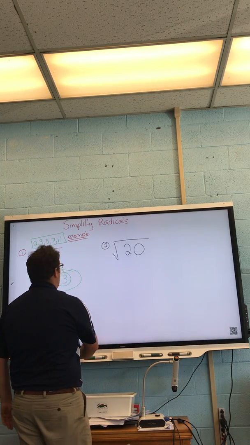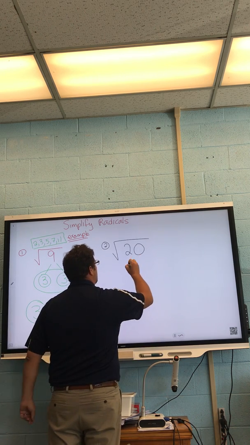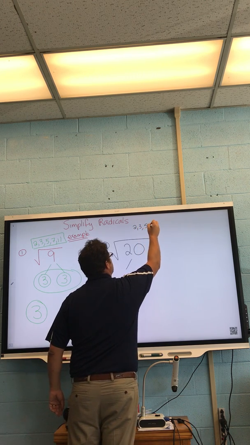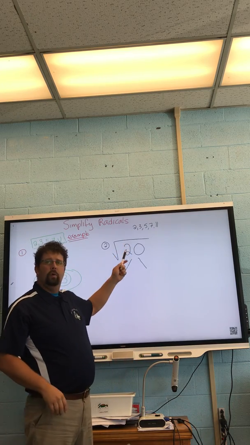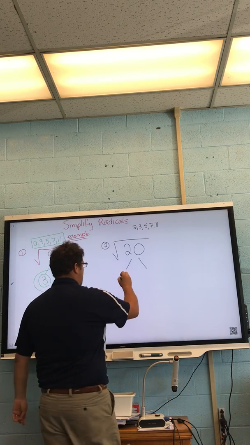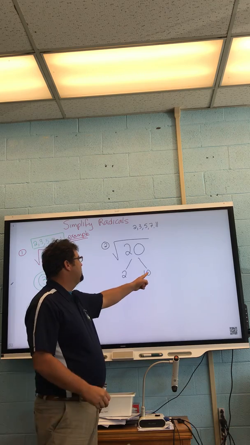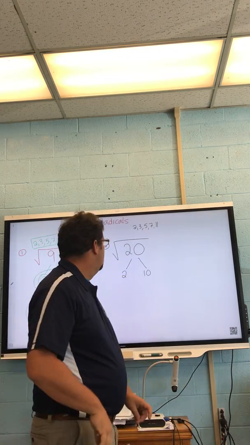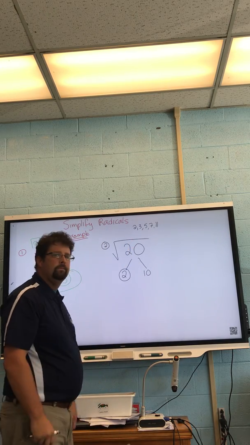I'm going to start with 2, 3, 5, 7, and 11, and I'm just dividing into it. 20 is an even number, so I know 2 will go into it. So I have 2 and 10. 2 times 10 is 20. So that totally works. Now, 2 is a prime number, so I'm going to circle it.